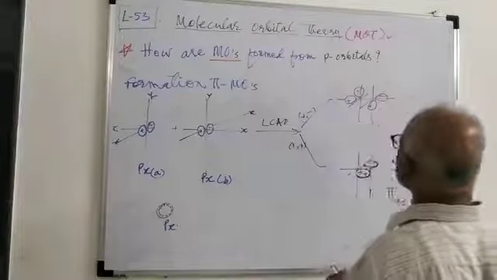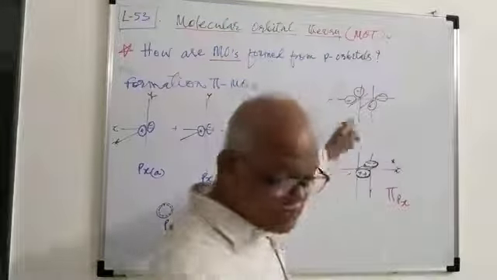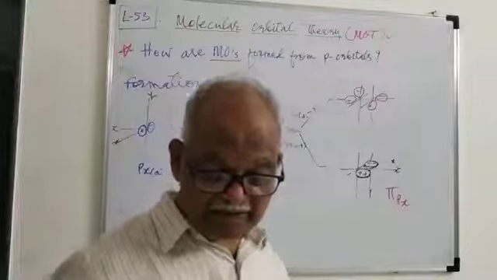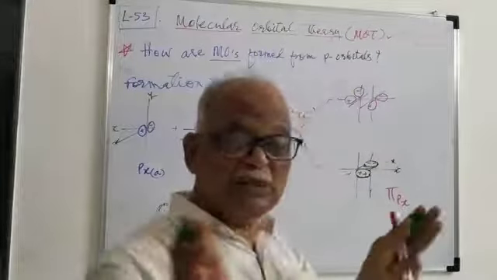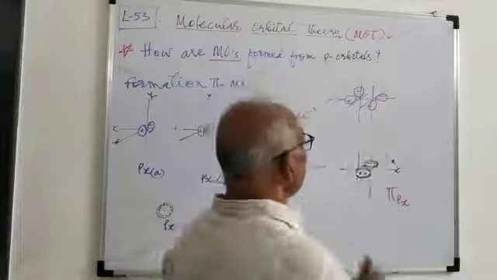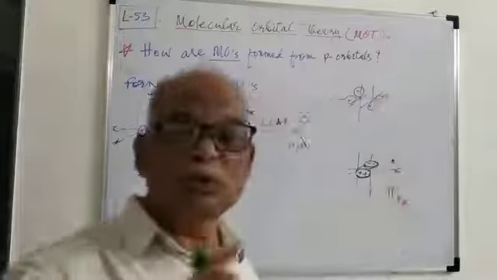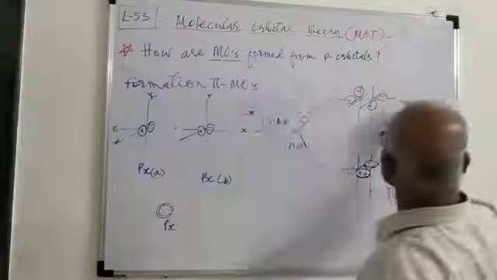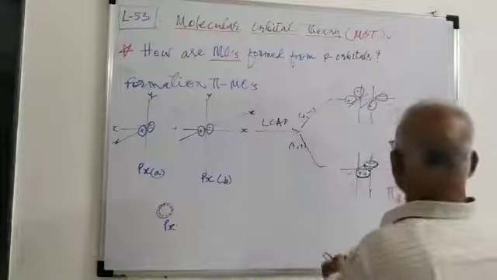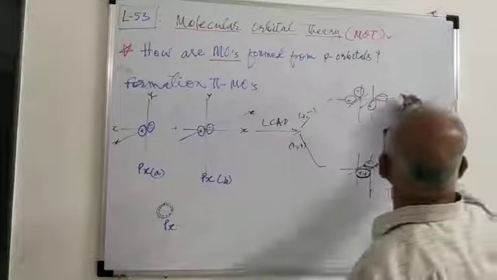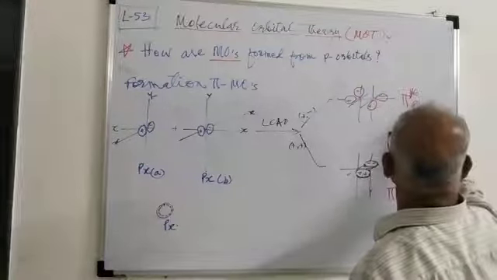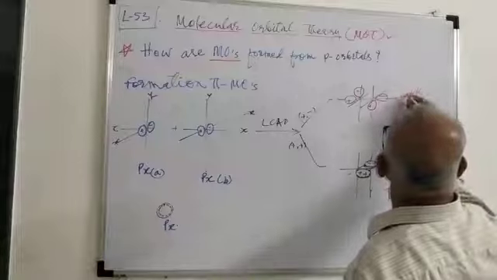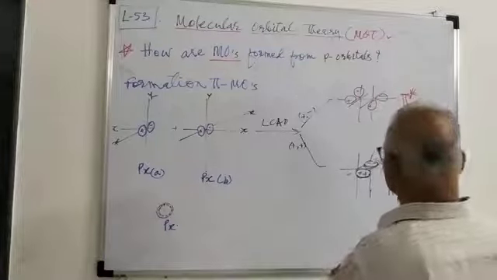So in this way, you will have this type of bonding, that is the central region, the region between the two nuclei, is empty, there is no electron cloud. And the result of this is called pi star antibonding molecular orbital, that is pi star molecular orbital.